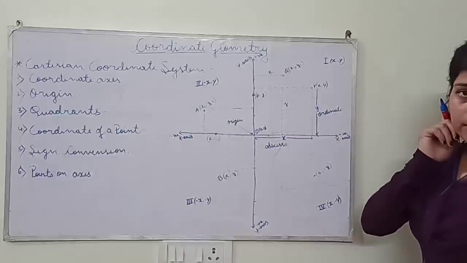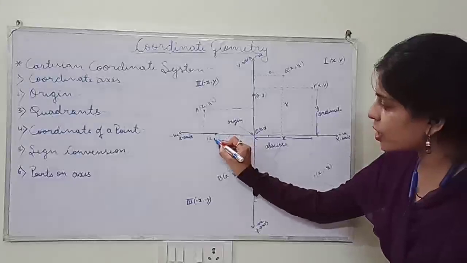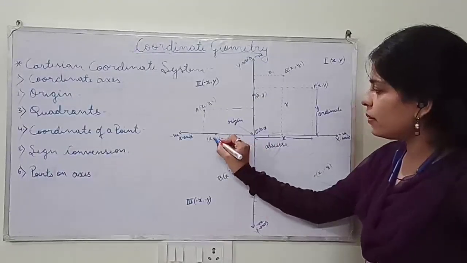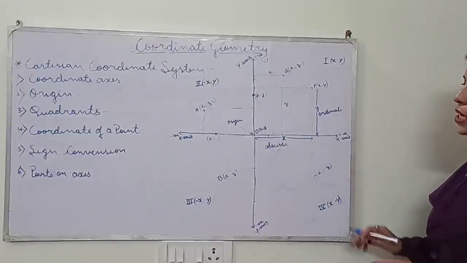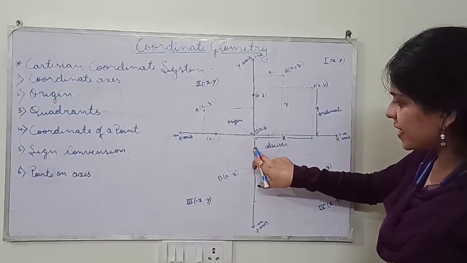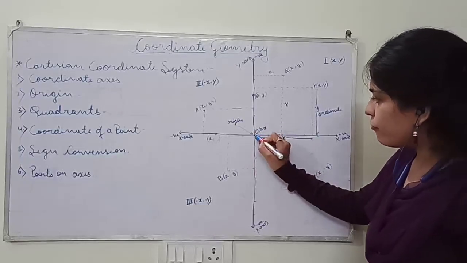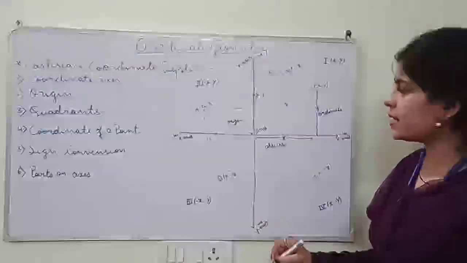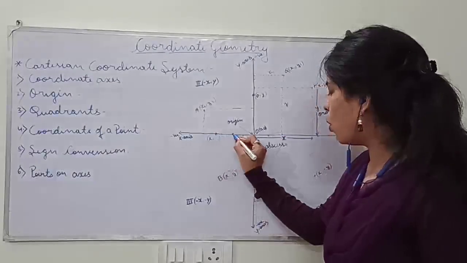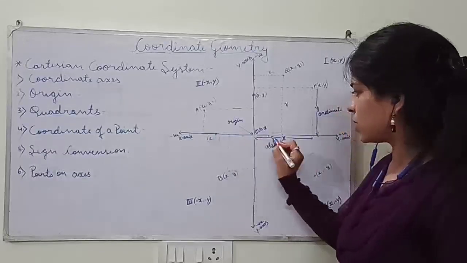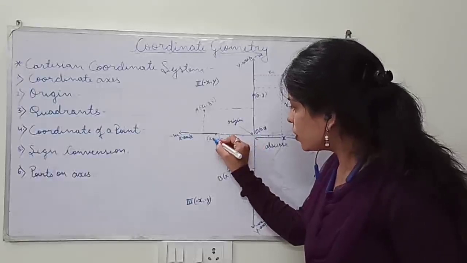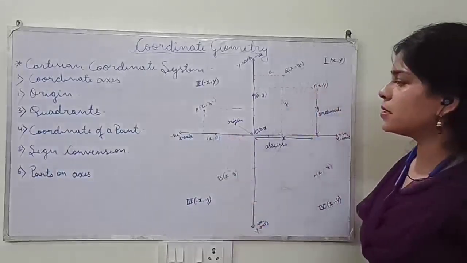But we have to get the location from the y-axis also, no? So what will be the y coordinate for this point? Here y is 0, here y is 1, 2, here y is -1, -2. Y is 0 over here. So for this whole x-axis, for this whole horizontal line, at every point y will be 0.